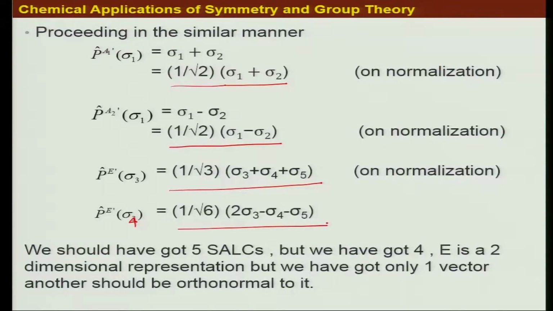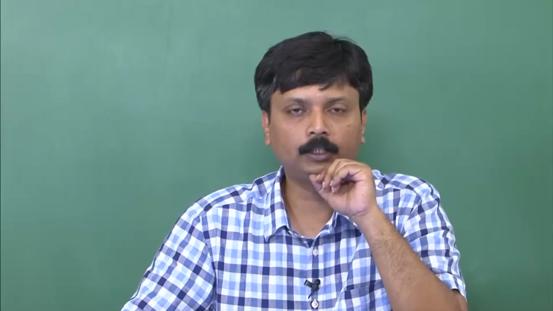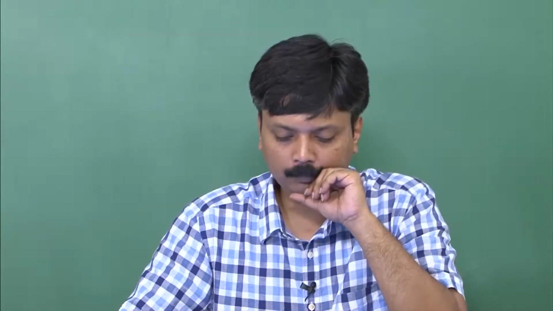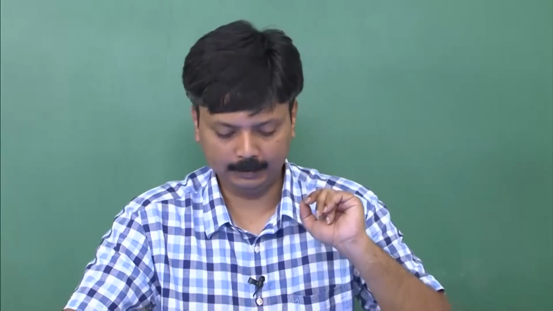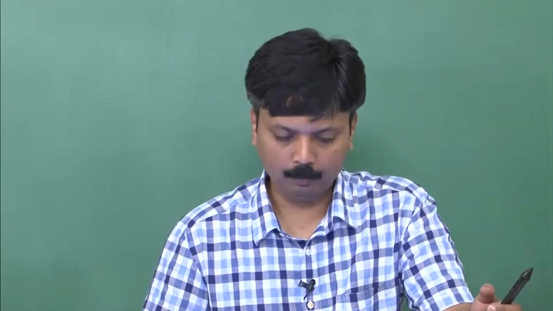Now this projection operator for E prime should ultimately give me two functions, right? So now altogether I have got so far 4, but I should get altogether 5 SLCs, correct? Because it had 5 basis functions, so I should have 5 SLCs.